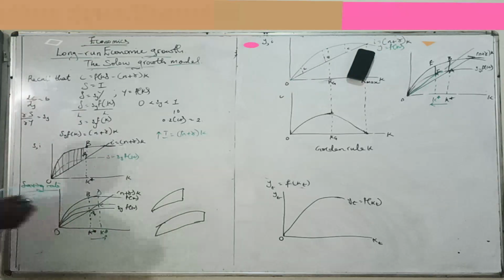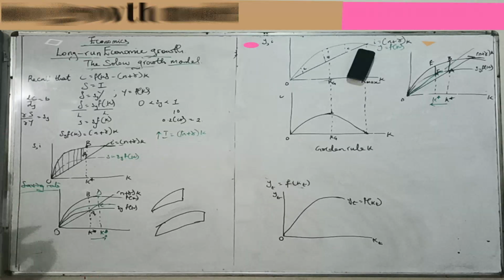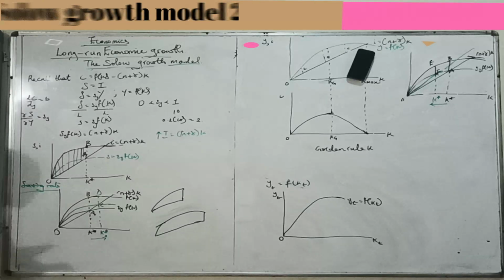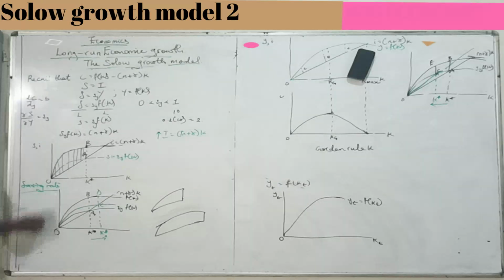So now, what are the things that you can take from this? For an economy to enjoy a maximum standard of living at its best steady state, it has to increase its saving rates. Increments in saving rates will lead to a higher standard of living. We've explained how that is going to happen.